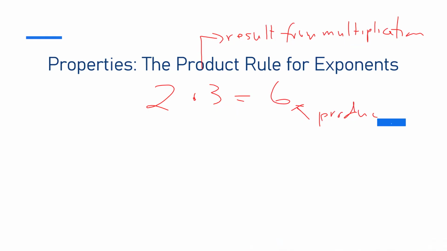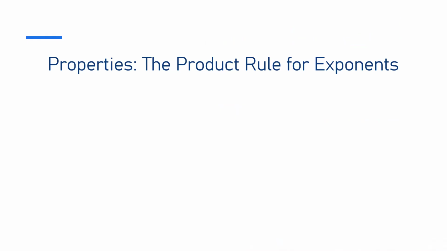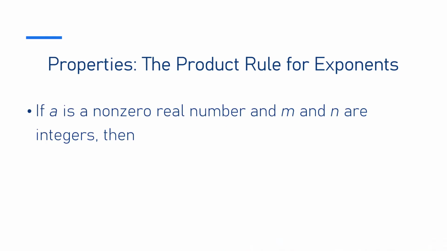So the result from multiplying numbers is called a product. All right. So just by remembering what product means in mathematics, it should tell you what kind of rule this is going to be. It has to have something in it with multiplication.